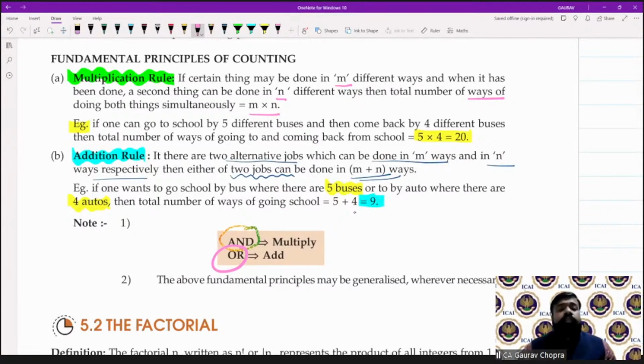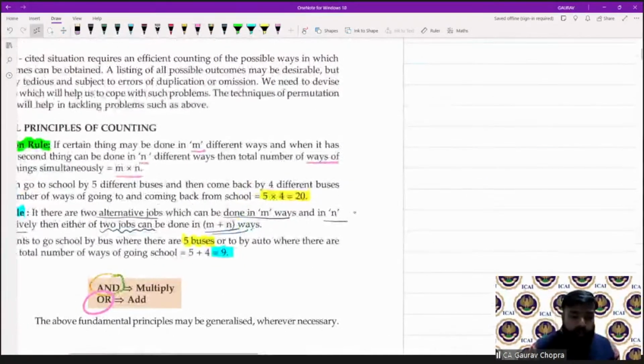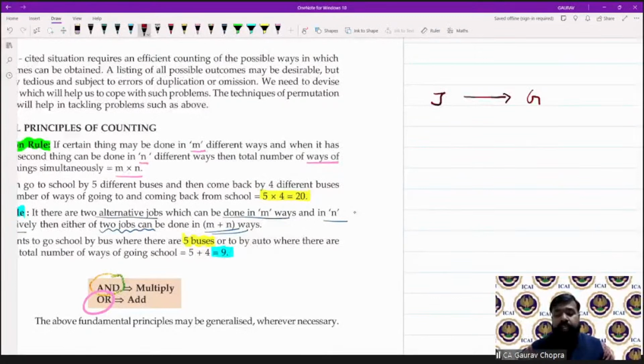So let's take one more example for the addition rule. Like we want to again travel from Jodhpur to Goa. Now this time we are saying that 2 flights are available from Jodhpur to Goa, 3 bus options are there, and for train there is 1 option available.